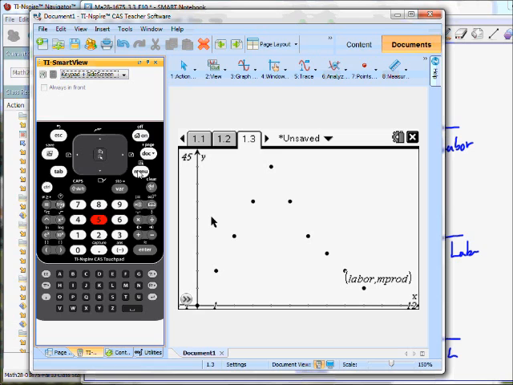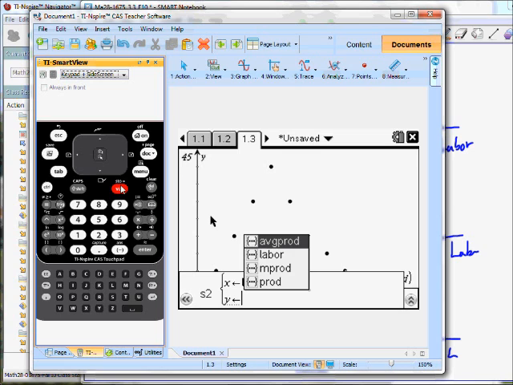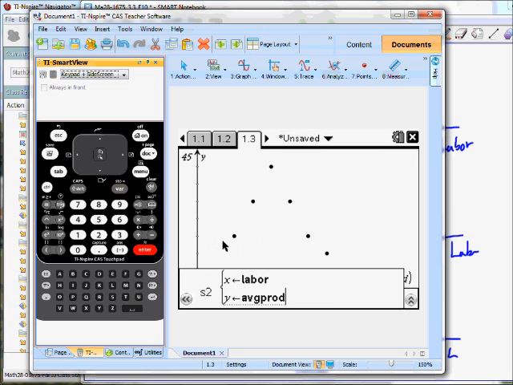Okay, this is just a scatter plot now. This isn't the actual curve. If I want to put the other one with it, I'm just going to superimpose the same thing here on top of it. I'd have labor, and now I want the average product. But I'm going to have the same icons, aren't I, for this?